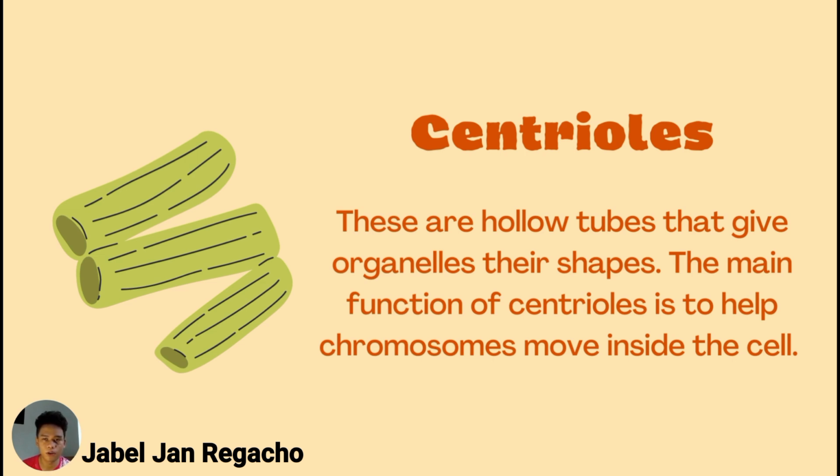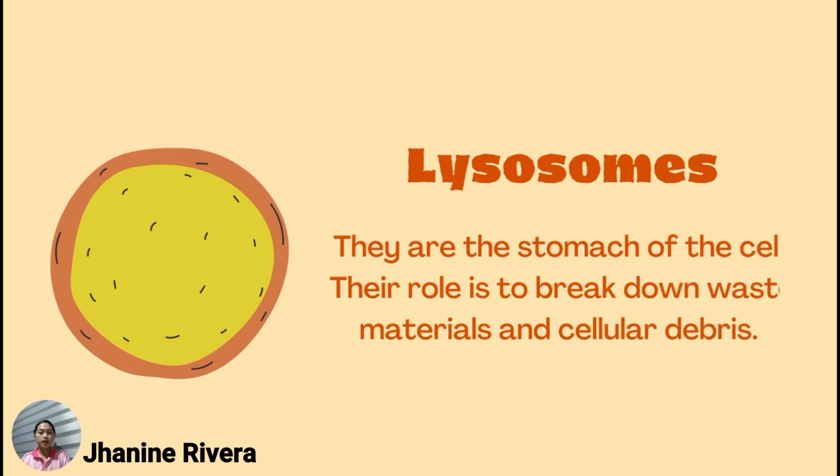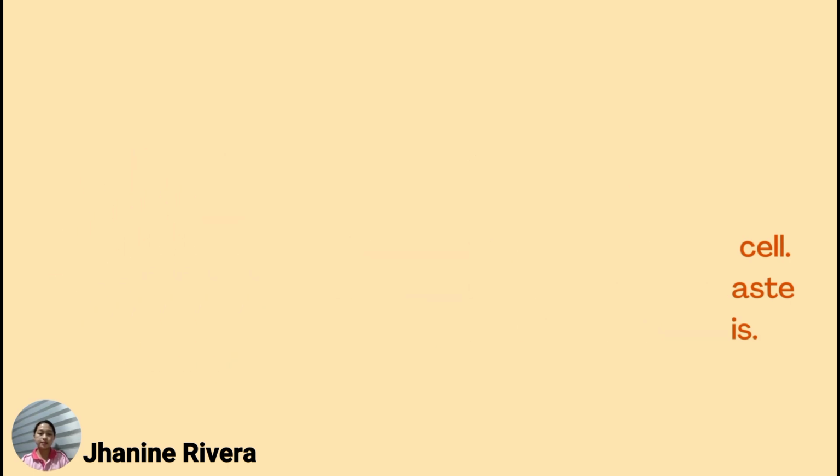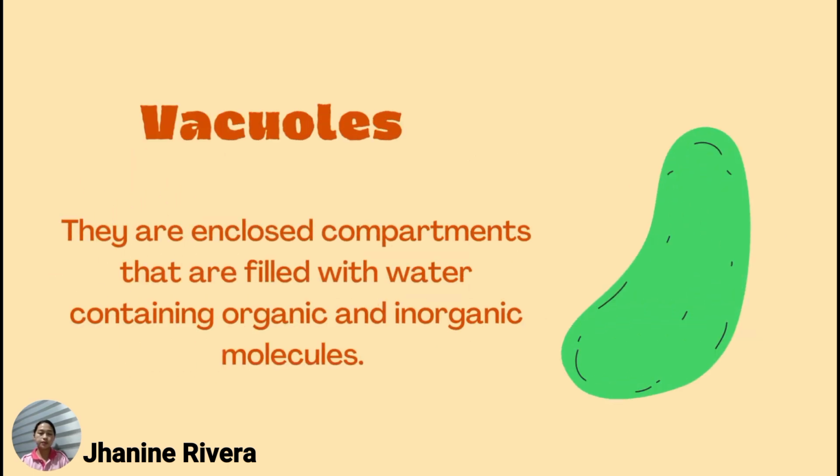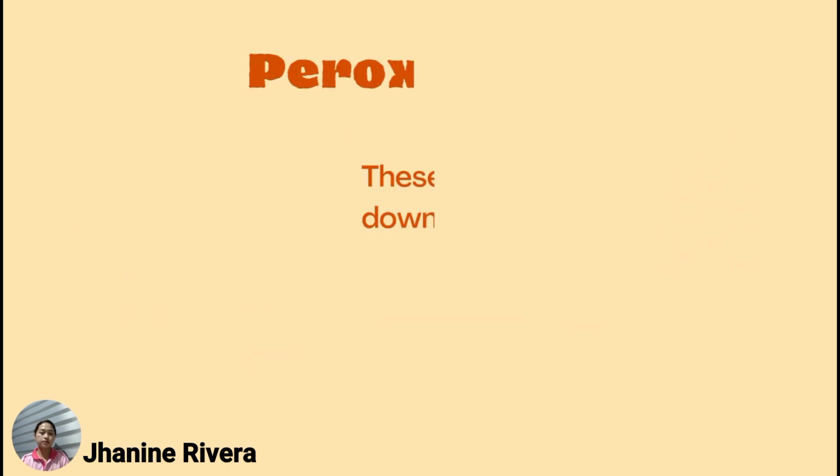So moving on. Lysosomes. They are the stomach of the cell. Their role is to break down waste materials and cellular debris. Vacuoles. They are enclosed compartments that are filled with water containing organic and inorganic molecules.